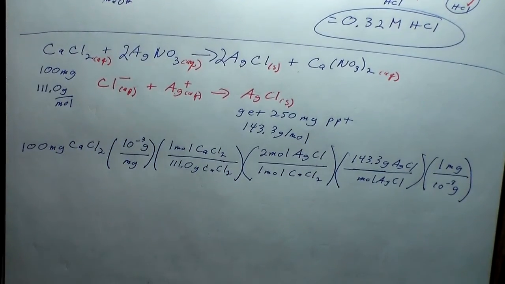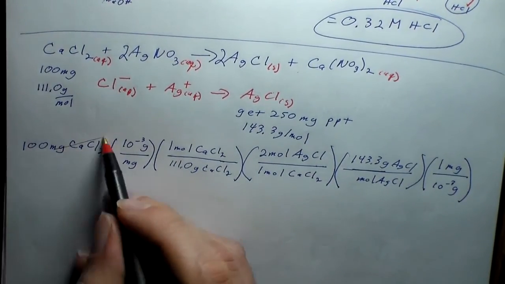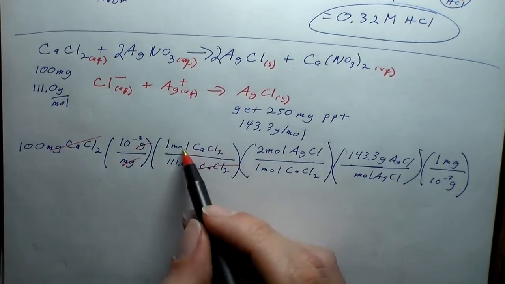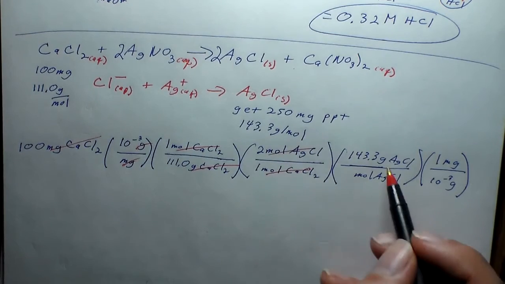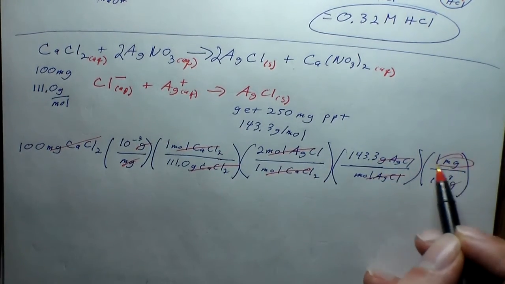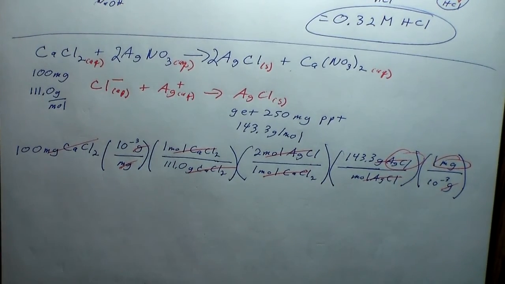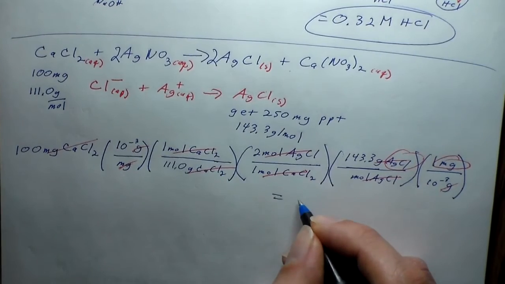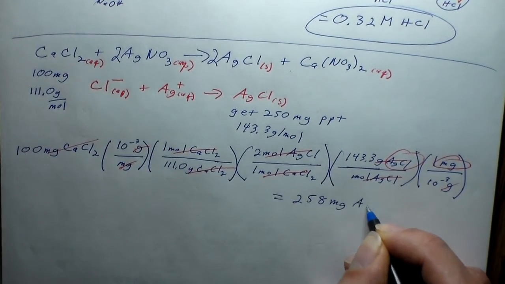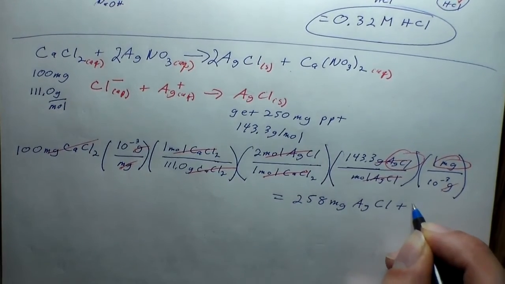And again, knowing that everything cancels, my milligrams calcium chloride go away, my grams of calcium chloride go away, moles of calcium chloride go away, moles of silver chloride go away, and then we're just going to be left here with my milligrams of my silver chloride over here. So you can run through the math on this, and we wind up with 258 milligrams of the silver chloride, and this is my theoretical.